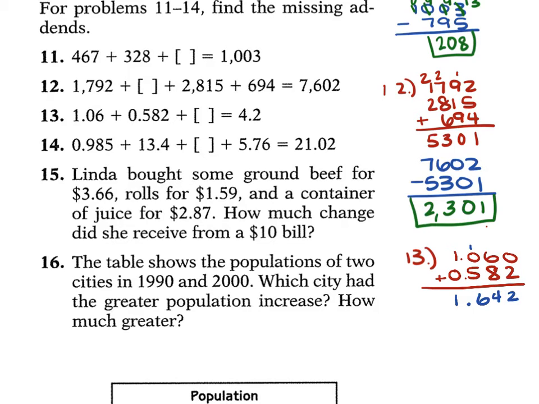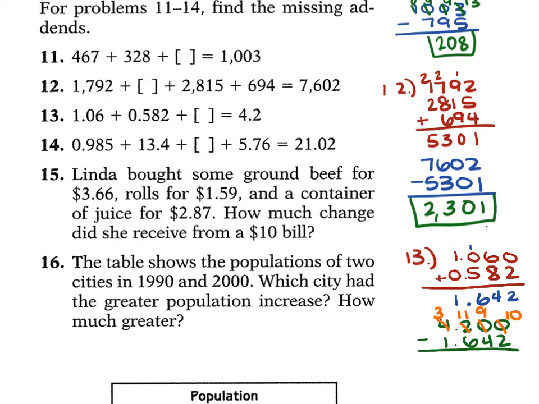So from here, I'm going to subtract this number from the 4.2. So I'm going to have 4.2 minus 1.642. I'm going to put zeros above the 4 and the 2. The 0 above the 2 becomes a 10. The 0 above the 4 becomes a 9. 2 becomes 1. The 1 then becomes 11, making the 4 a 3.